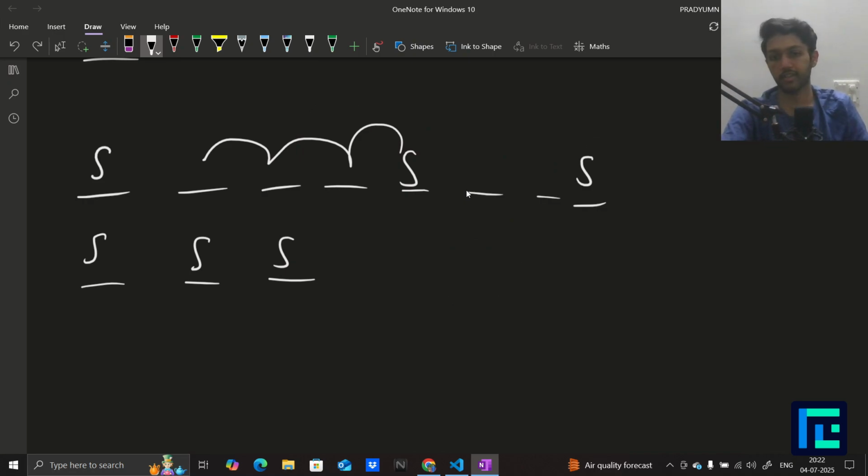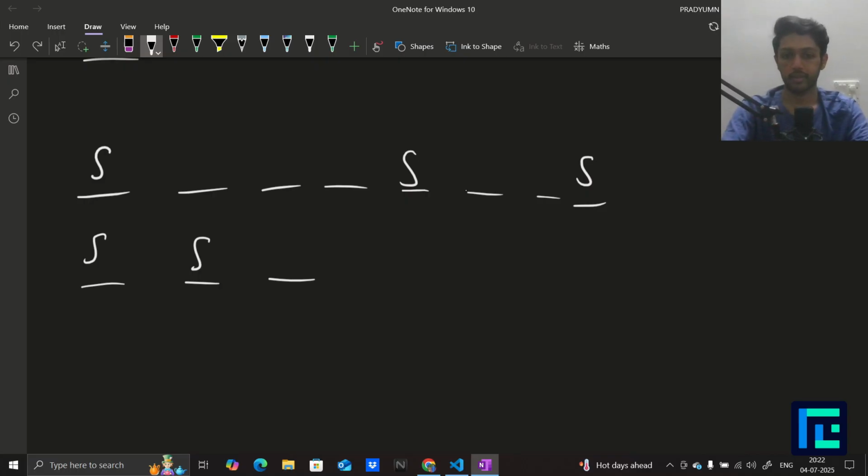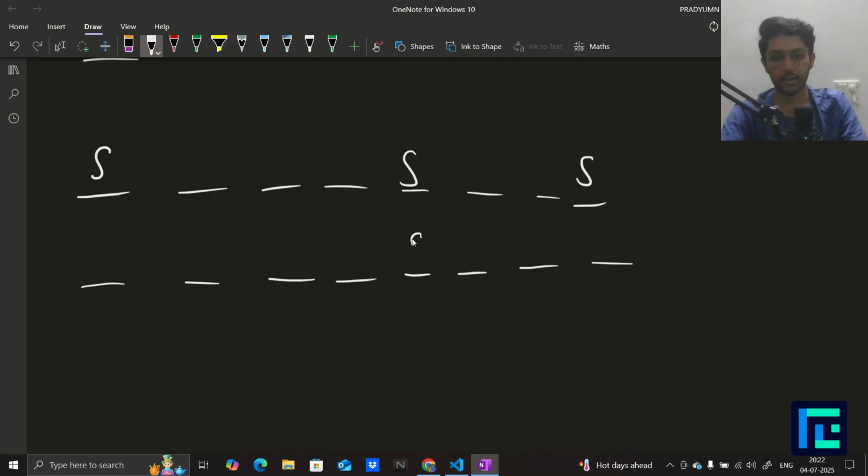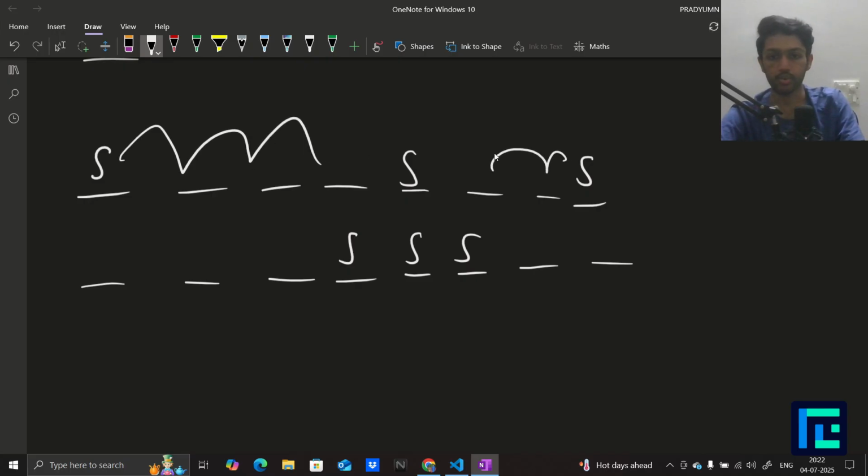But let's try one more thing. Let's try to keep them near the center. This sheep is in the center, so we'll try to keep them near the center. Basically I'll try like this. In this case we'll get 1, 2, and 3, and 1 and 2. So we just get 5 moves.